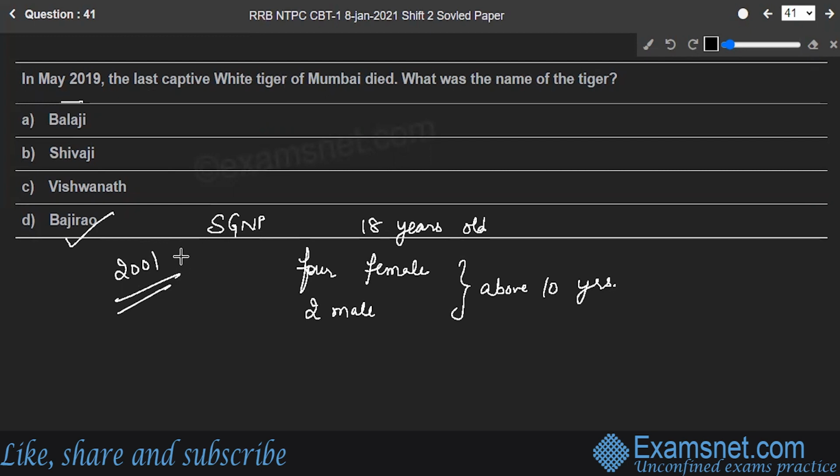The tiger autopsy carried out by the pathology department of BVC indicated multiple organ failures along with old age as probable cause of death. Postmortem findings were suggestive of rotting of putrefied tissues in some organs such as kidney, heart, and liver. So we have option D, that is Bajirao, as the correct answer for this question.